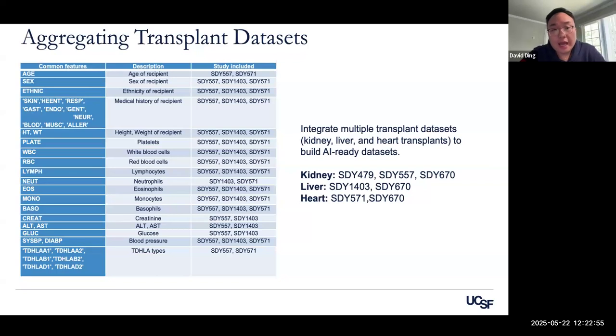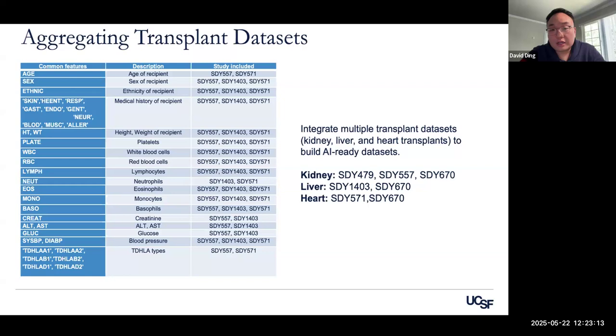And here is how we aggregate these transplant studies. Because these studies are under the same clinical trials program, CTOT, we integrate these multiple transplant studies to build an AI-ready dataset.